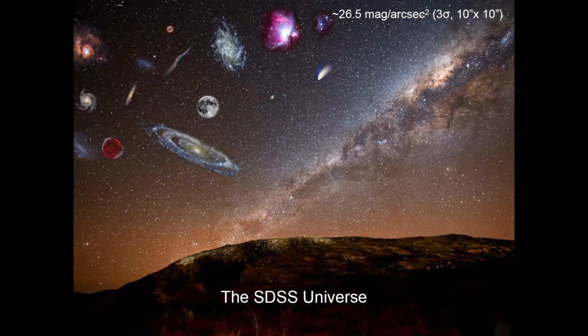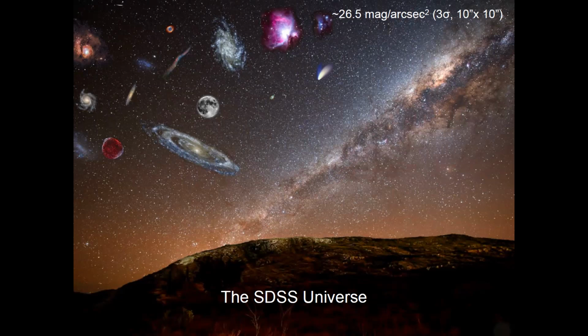Thanks to its large area, we were able to study the universe in a statistical way. However, it has a very important shortcoming, which is its depth: 26.5 magnitudes per square arcsecond in boxes of 10 by 10 arcseconds.